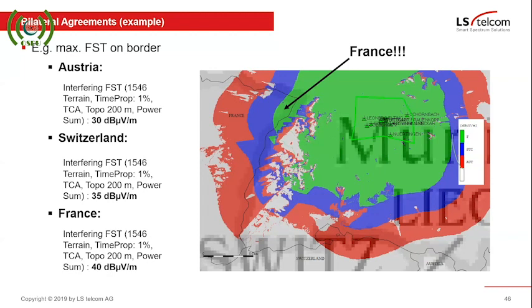If they add the station and that level is increased by more than 0.2 or 0.5, depending on where the two stations are lying, it will not be accepted. So that's the general rule: the increase needs to be less than 0.2 or 0.5, depending on where the two stations are. And there's also a difference between the TV regulations and the FM regulations.